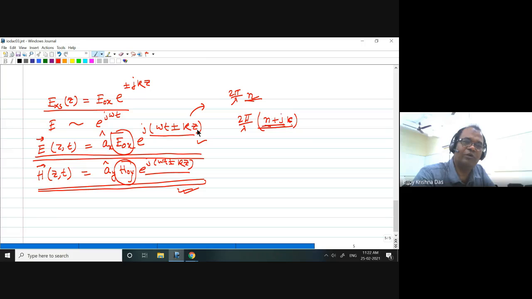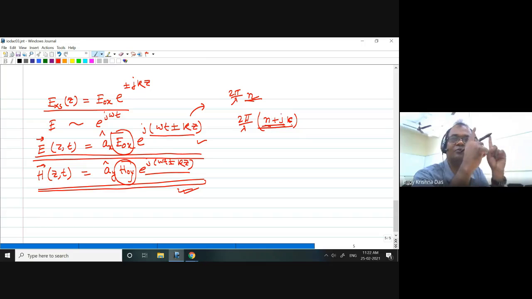Now if for these two instants of time you are considering that the phase is identical, for example, omega t1 minus k z1 equal to omega t2 minus k z2. These are the phases. So at t1 you have position z1, at t2 position z2.